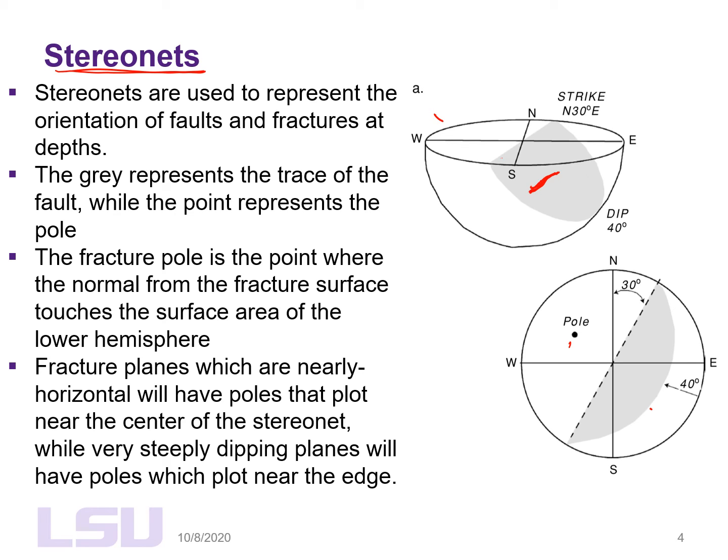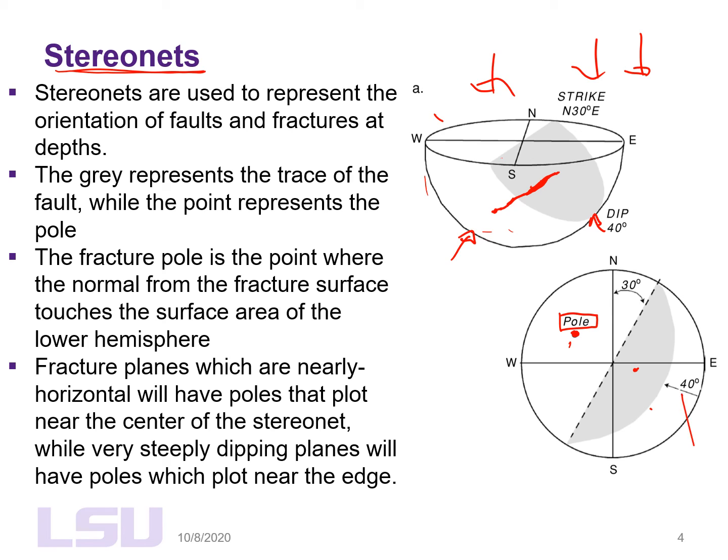And that normal, if you continue to extend it, will end up touching the surface of this hemisphere at some point down here. And if you look at where that point is relative to this view, it will be here. And that is what the pole is. So it's where the normal to that fault intersects the circumference of the hemisphere.